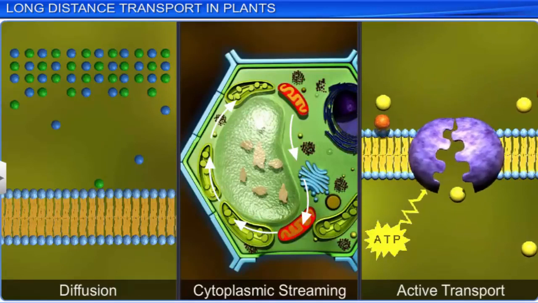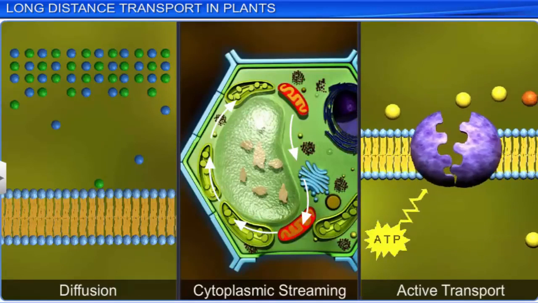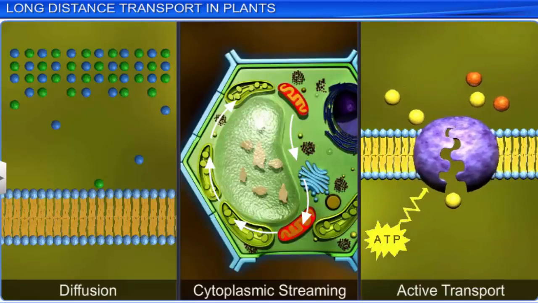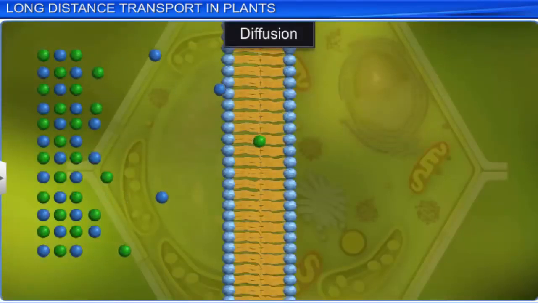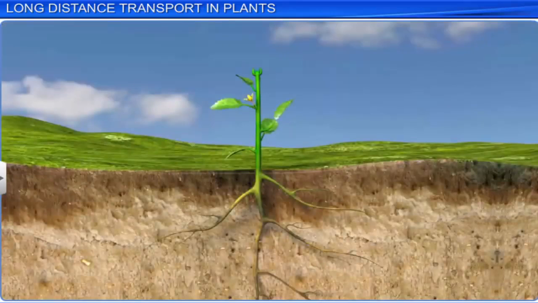They can only account for short-distance movements in plants. Moreover, diffusion is a painfully slow process which might take years to transport substances over a distance of 1 meter in plant.